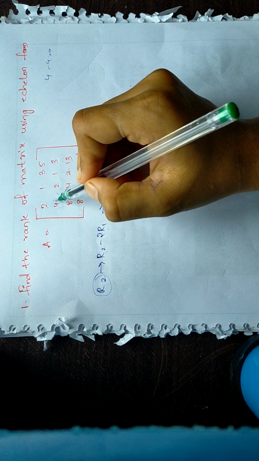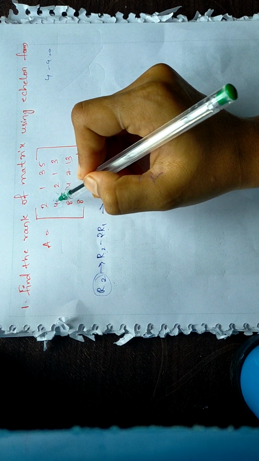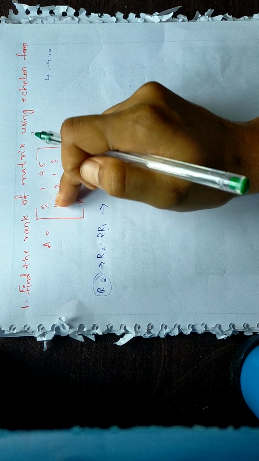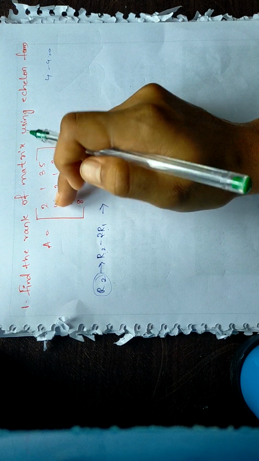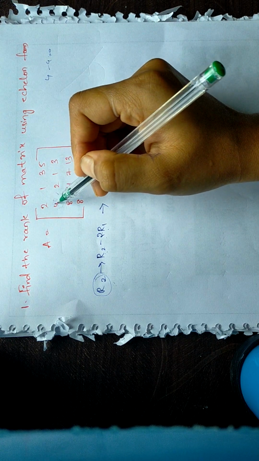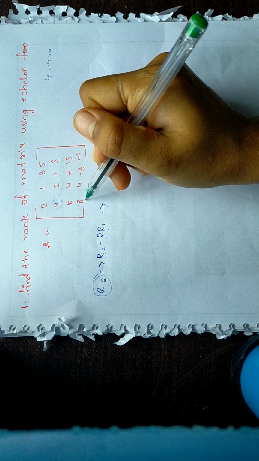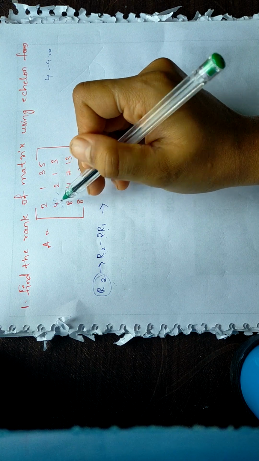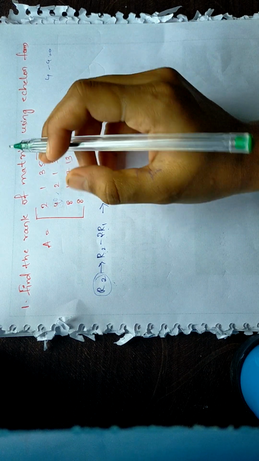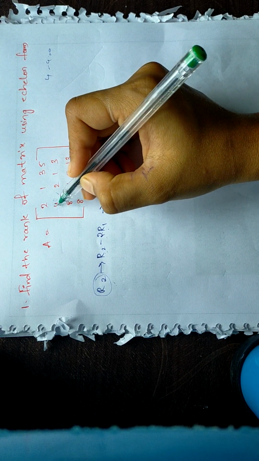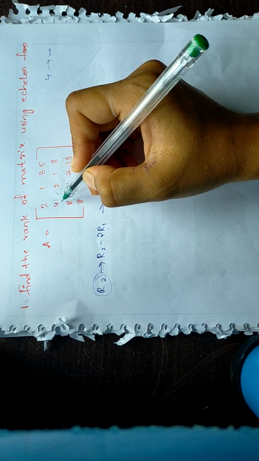So first check for this element. Leave the first row, and consider from the second row onwards. Try making the first element zeros. Either you can do all these first elements, or first only this one and then the other elements. Remember, if you start by making this element 0, you'll get the answer easily.